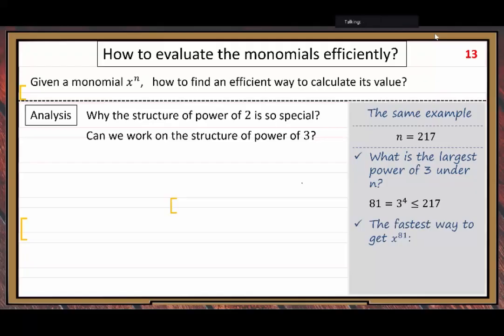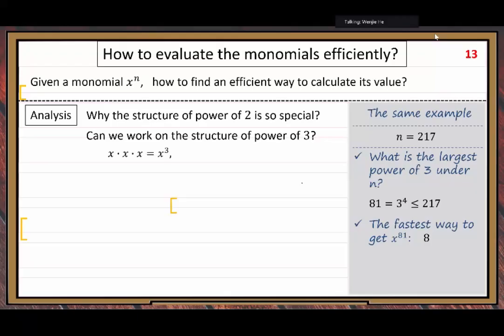So what is the fastest way to get x to the 81st? For this special monomial, we need 8 multiplications. Why 8?